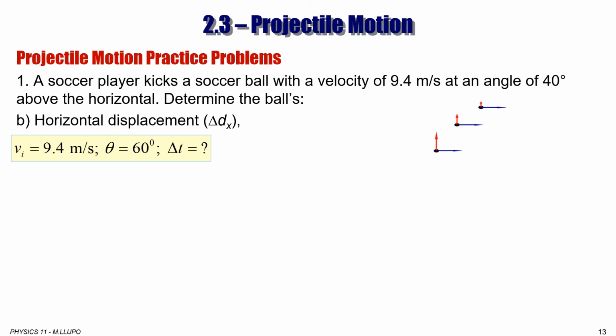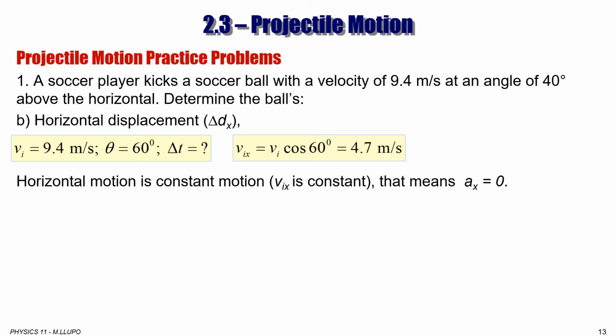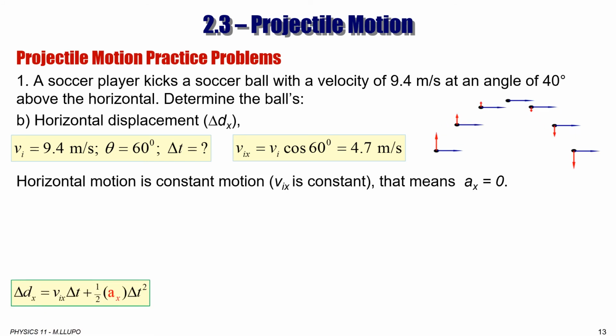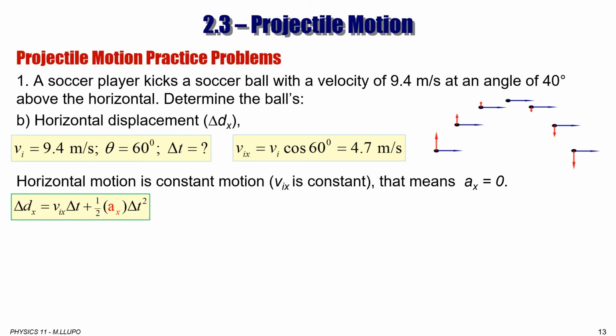To calculate horizontal displacement delta dx, you need v initial x. So we can calculate that v initial x is equal to v initial cosine 60, which is 9.4 times cosine 60, which is 4.7. Next step would be calculating the horizontal displacement, for which we can use the formula that we use for any accelerated motion. So delta dx is equal to v initial x delta t plus half of ax delta t squared.